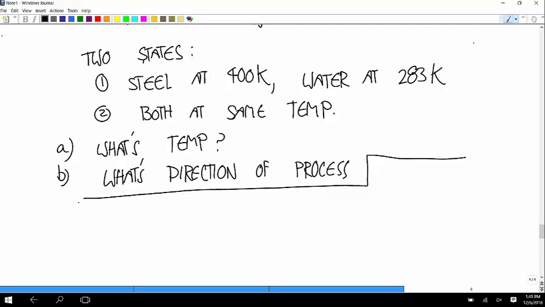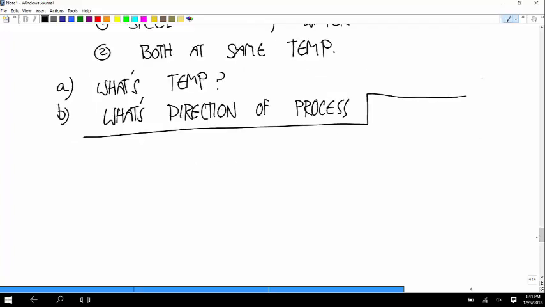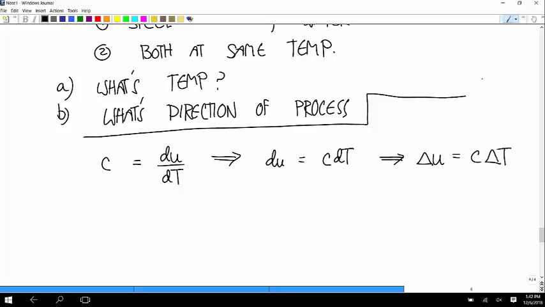All right, so how are we going to calculate this? They're both incompressible, and so for incompressible, the specific heat is equal to the derivative of U with respect to temperature. And so dU is equal to C dT. And so the change in internal energy is equal to C times the change in temperature.